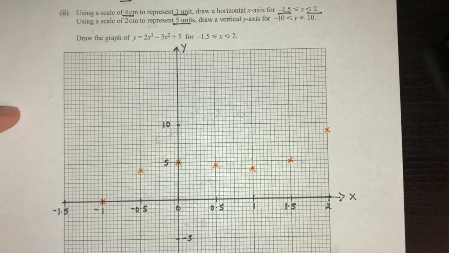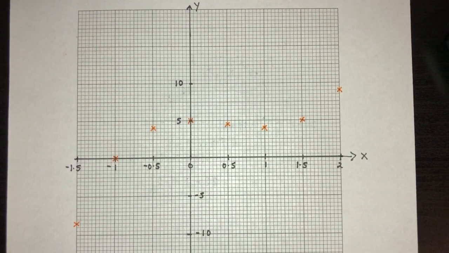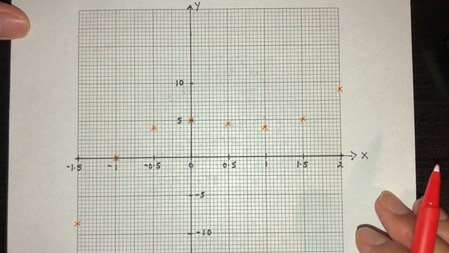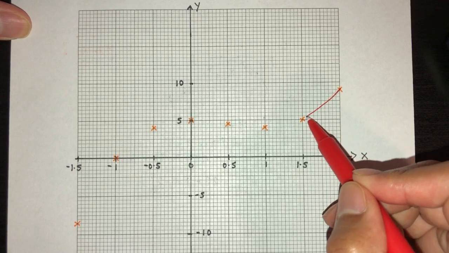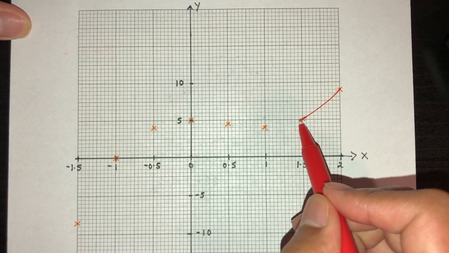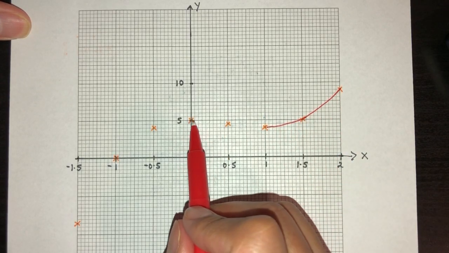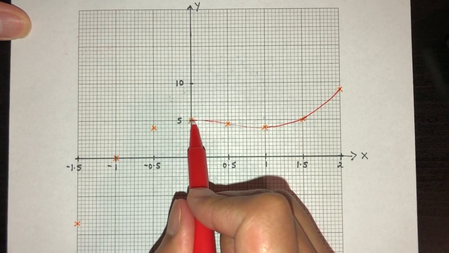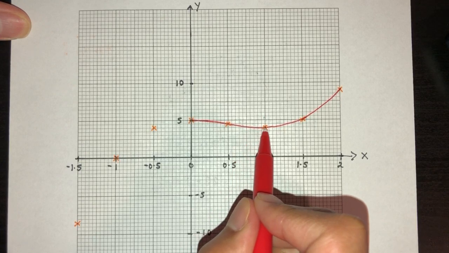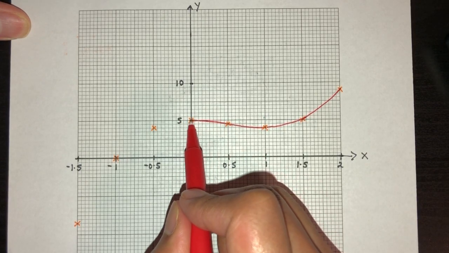Okay, so as you can see, we have a shape that we can plot for these points. So let's just join them with a smooth curve. Of course you will be using a pencil, so if your graph is not smooth, you can always erase and try again. It is very important that your graph is smooth because your answers depend on your graph.